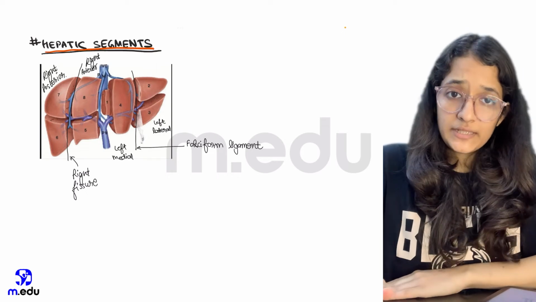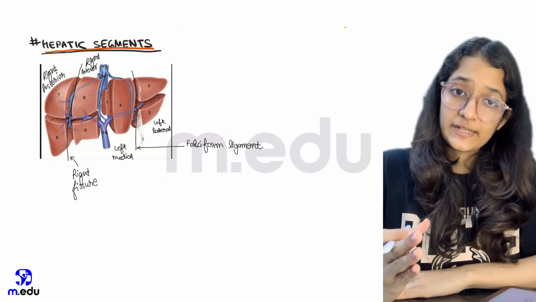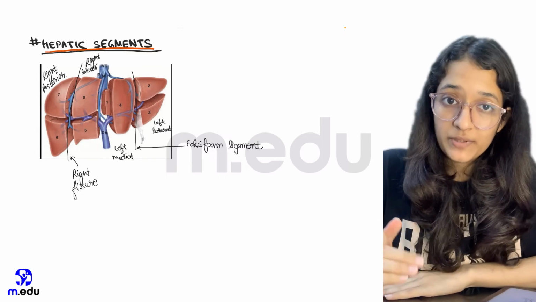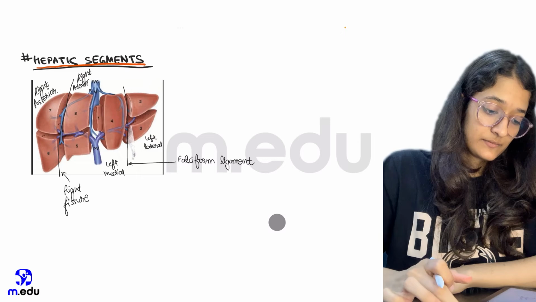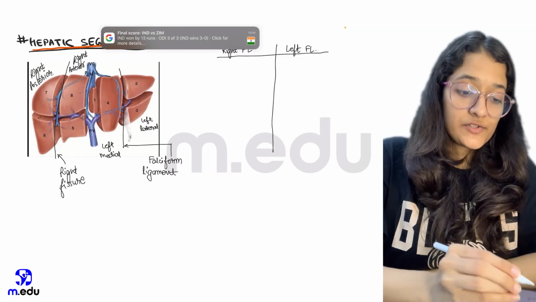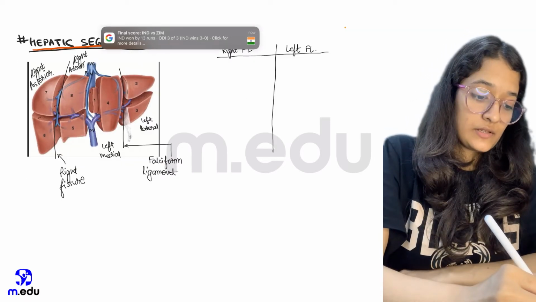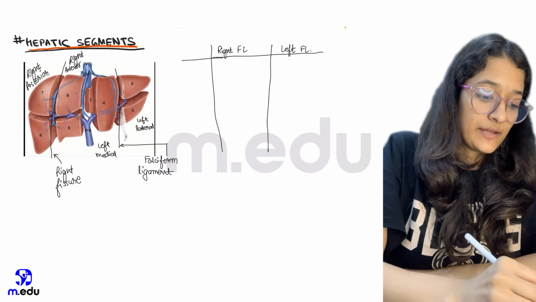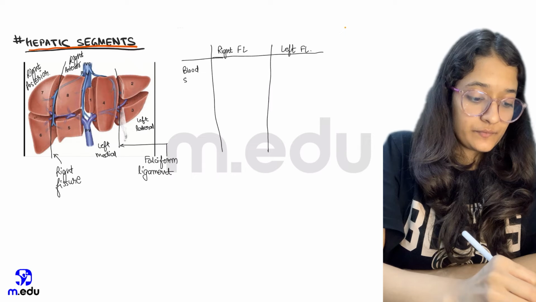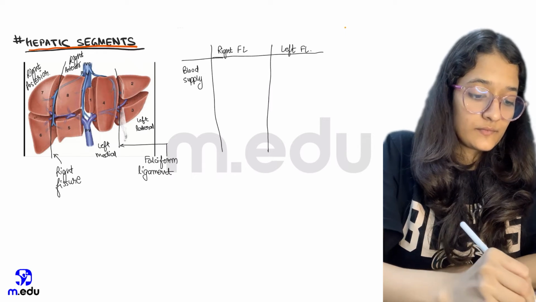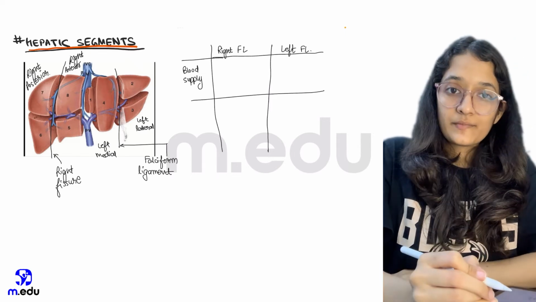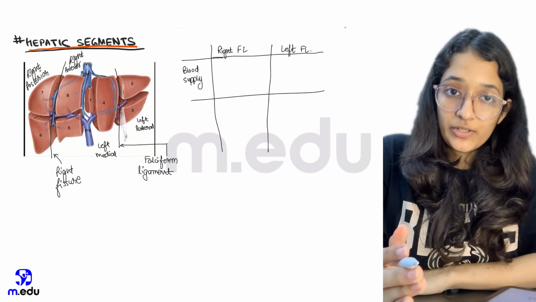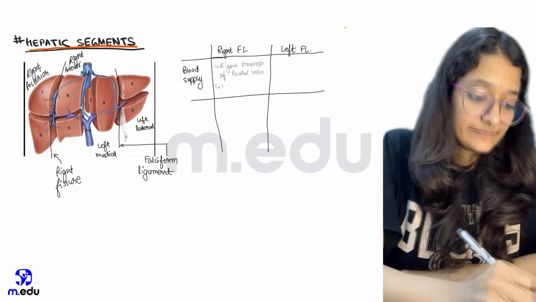So now why do we need to divide the liver into right and left functional lobes? For a better understanding, we should know the properties of both these functional lobes. So this is the right functional lobe and the left functional lobe. If we talk about the blood supply, the right functional lobe will be supplied by the right branch of portal vein and the right hepatic artery.